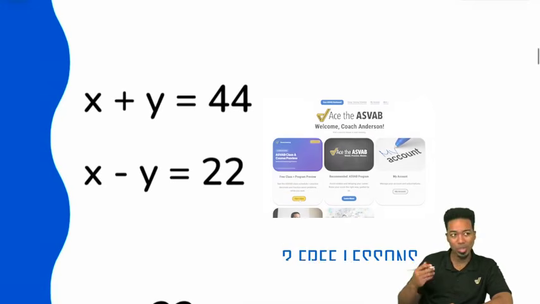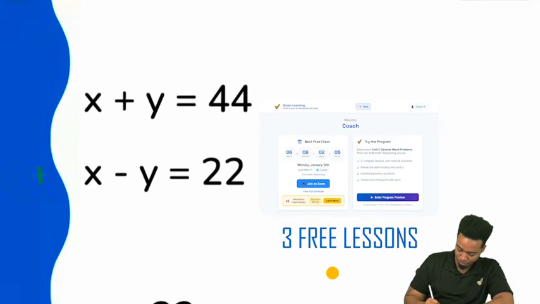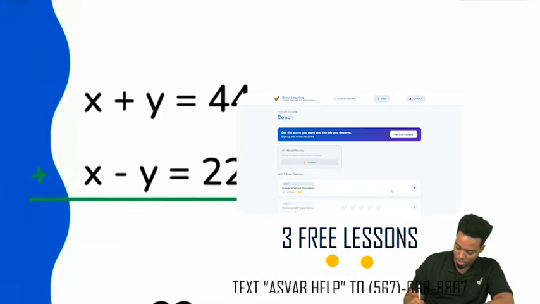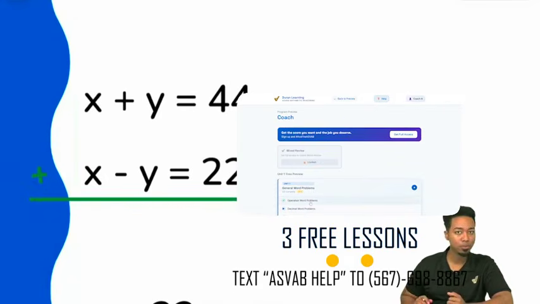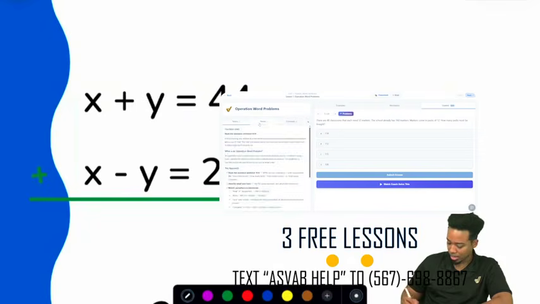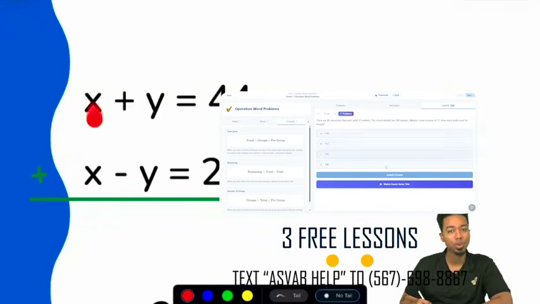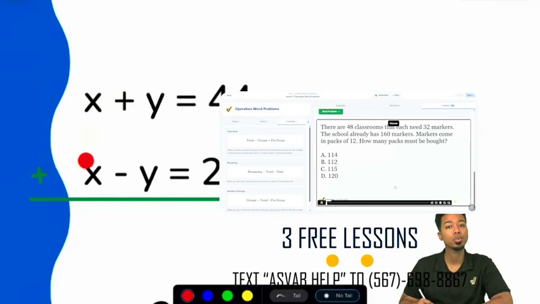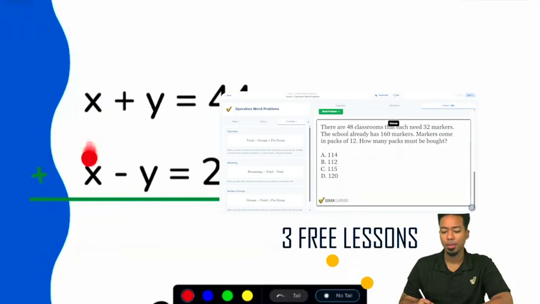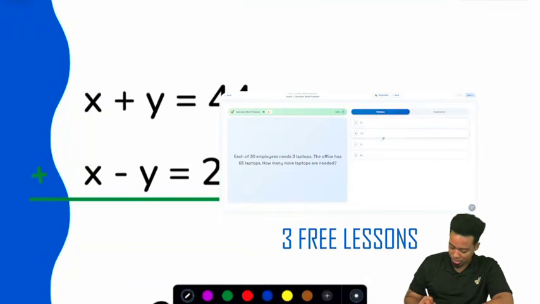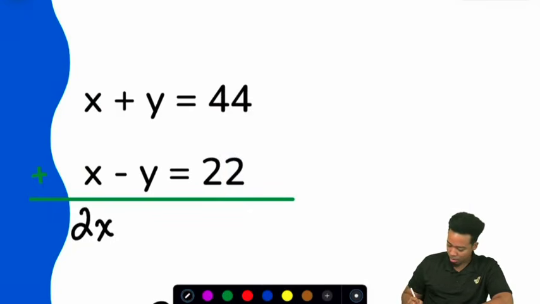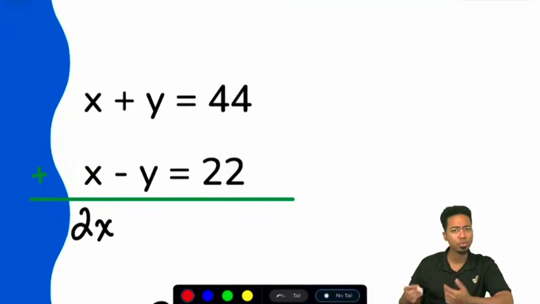The reason that we would add these equations together, the reason that would be advisable, is because when we go ahead and add the x's together, what happens, everybody? x plus x equals what? Yeah, x plus x equals 2x. But what happens over here with the y again? Let's just go through those motions again.